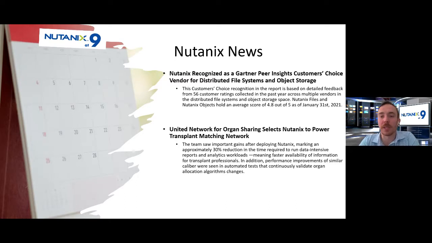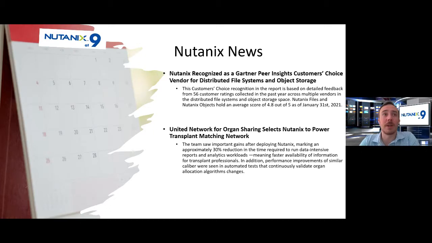And Nutanix Files and Object Storage actually hit that tier recently, where there have been enough customers with feedback on their experience with Nutanix Files and Object Storage that it was recently recognized as a Customers' Choice solution for what they do in files and object storage specifically. So we have seen that Nutanix is a Gartner leader as a core infrastructure platform, but I definitely thought it was important to highlight the recognition that they've had with Nutanix Files because it is, in the grand scheme of things, relatively new within their portfolio. So wanted to call that out.